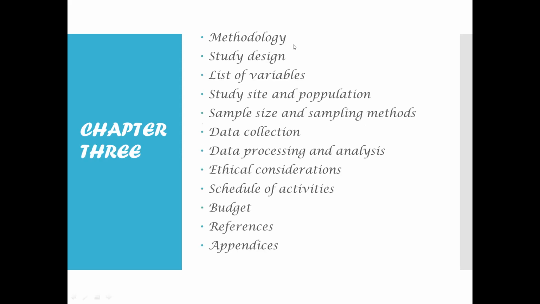Then chapter 3 consists of methodology, study design, list of variables, study site and population, sample size and sampling methods, data collection, data processing and analysis, ethical considerations, schedule of activities, budget, references, and appendices.